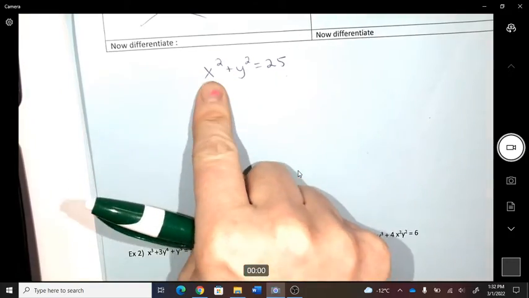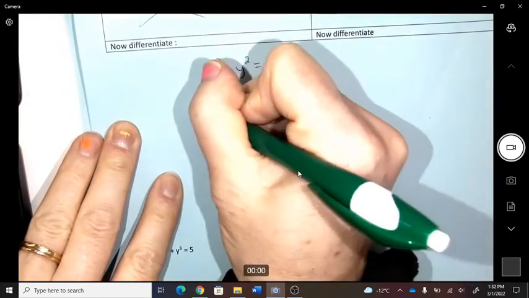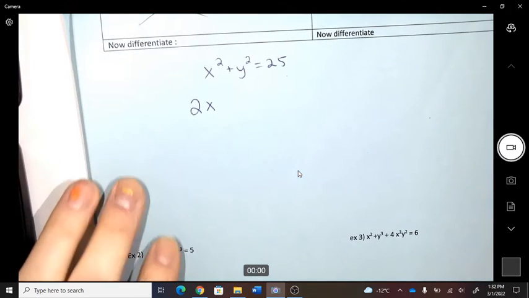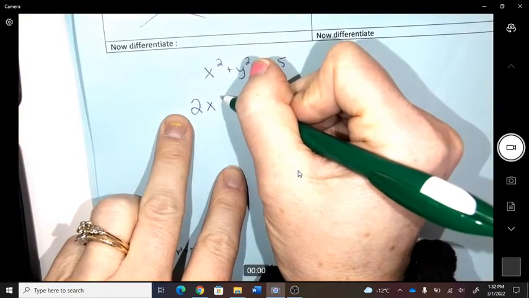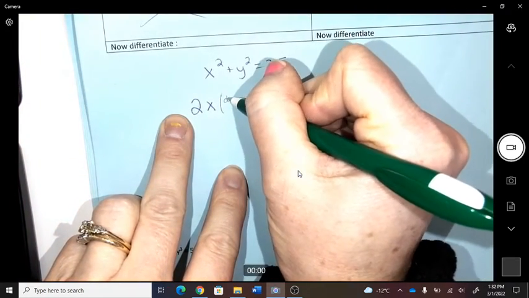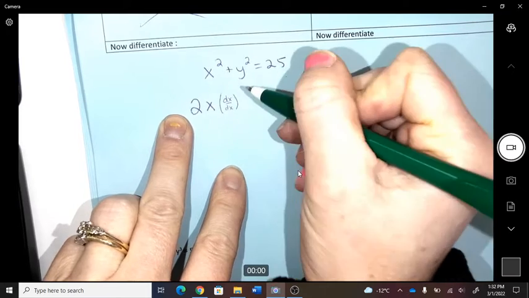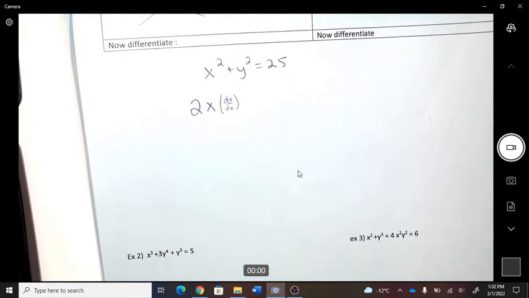So I'm going to derive this unit. So this is going to be 2x. Okay? We can write this now, but you don't have to. I derived that variable with respect to x.